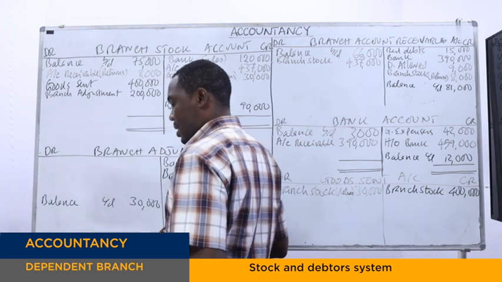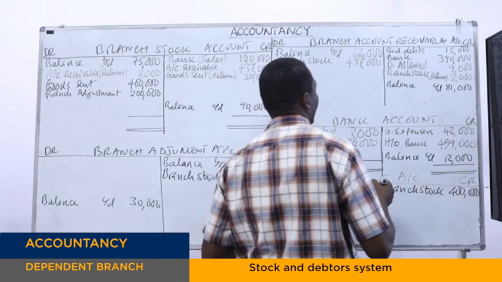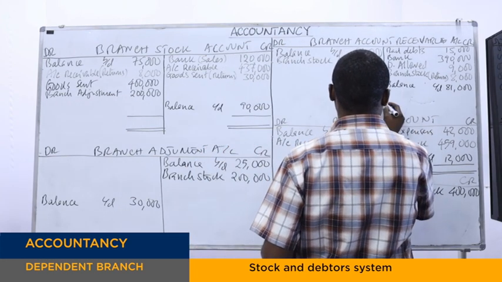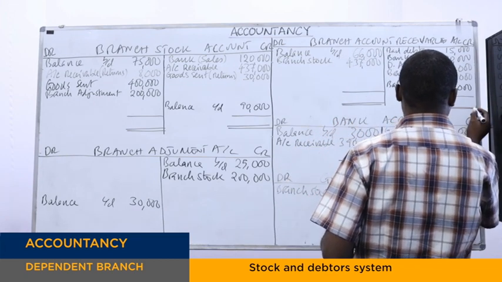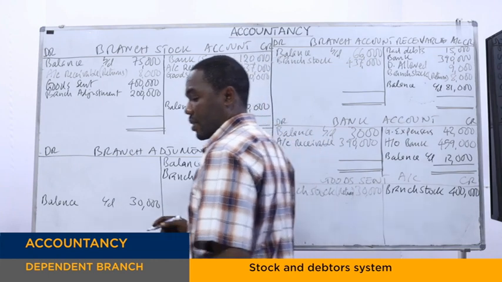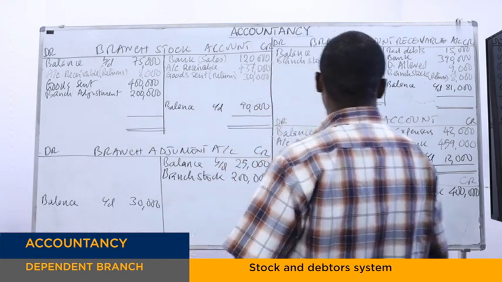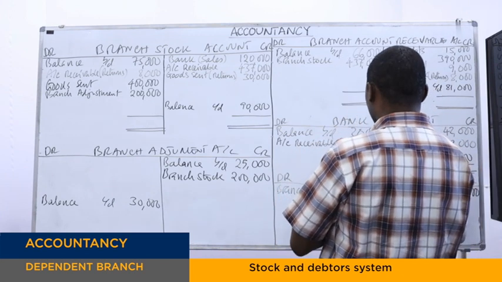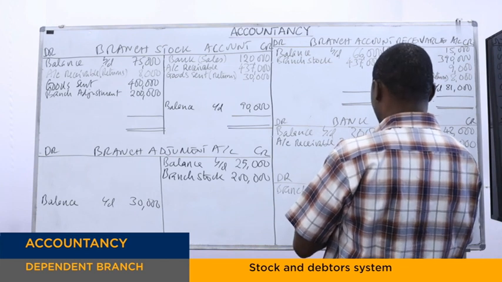Well, they are over. So let us have the total: 66,000 plus 400 plus 7.